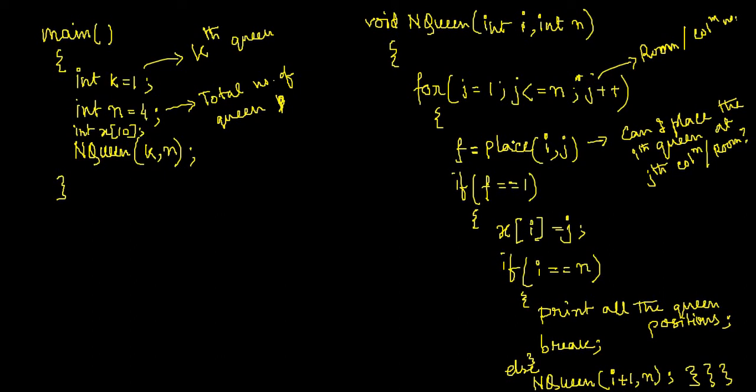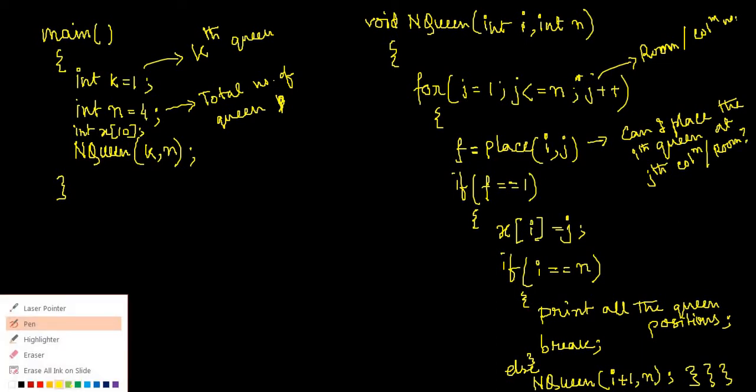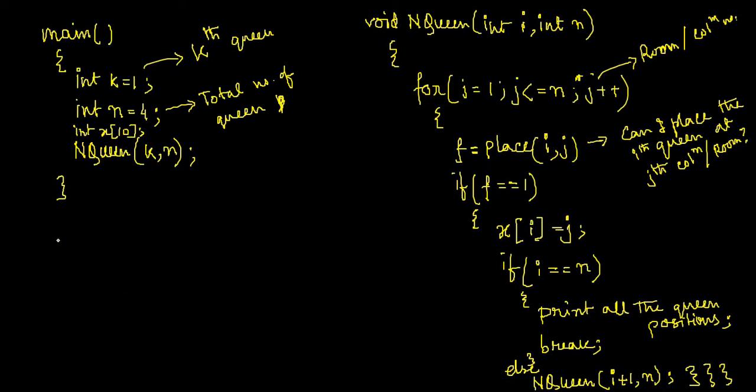The main intelligence is present in the place function, because this is the function which will decide the collision. So we have to write it. Let's write the place function in a different color. First of all, this place function is returning some integer value, 0 or 1.